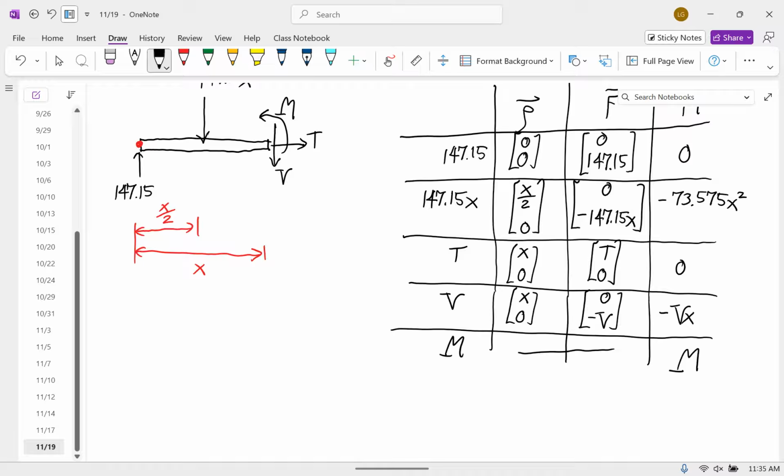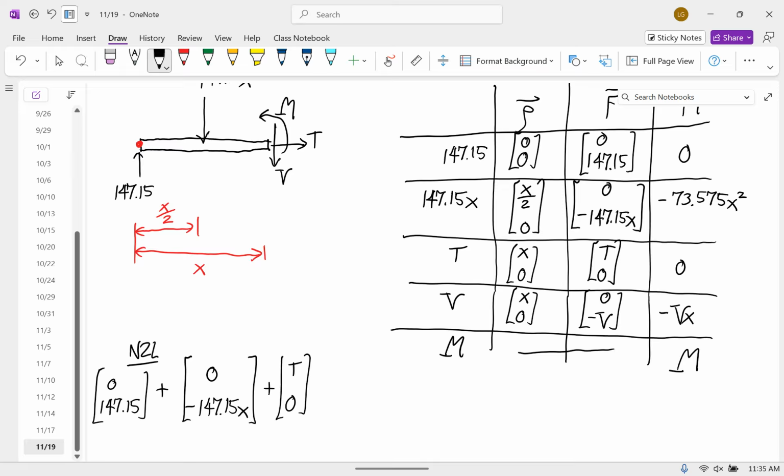And now I'll start with Newton's second law. So it says 0, 147.15 plus 0, negative 147.15x plus T, 0 plus 0, negative V is equal to zeros.